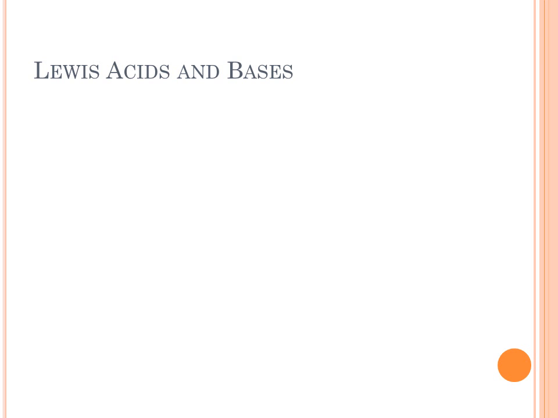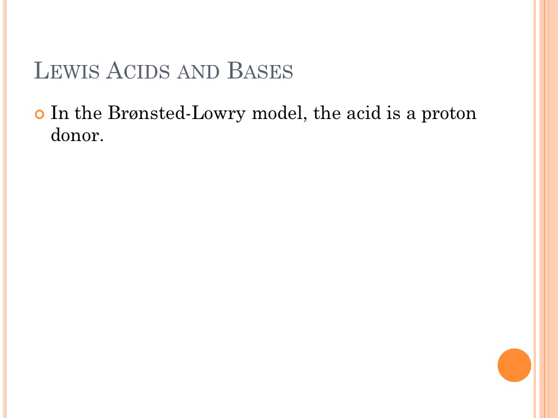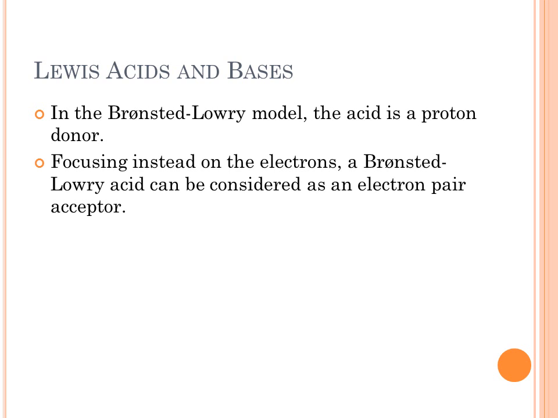Lewis acids and bases. In a Bronsted-Lowry model, the acid's a proton donor, but if you focus on electrons, the Bronsted-Lowry acid could be considered an electron pair acceptor instead of a proton donor.